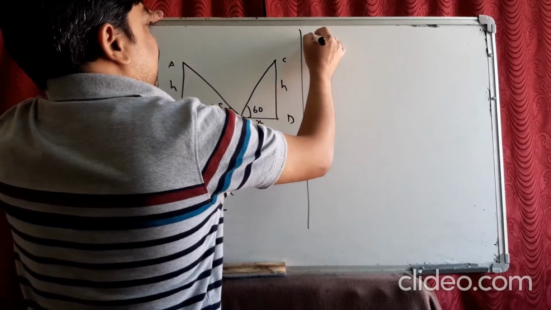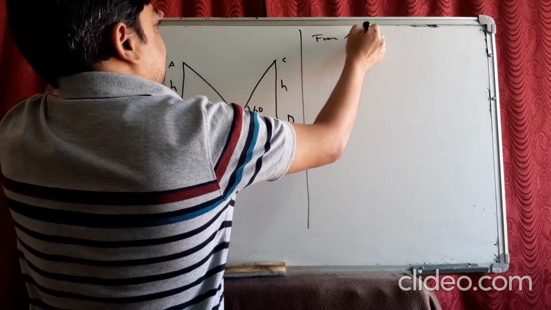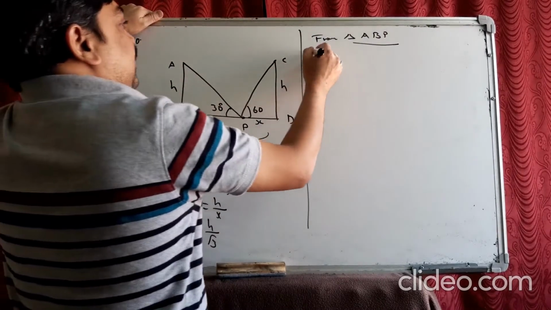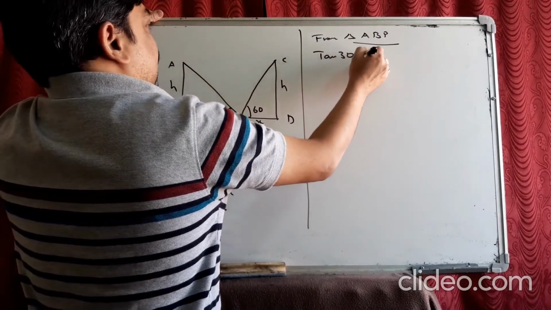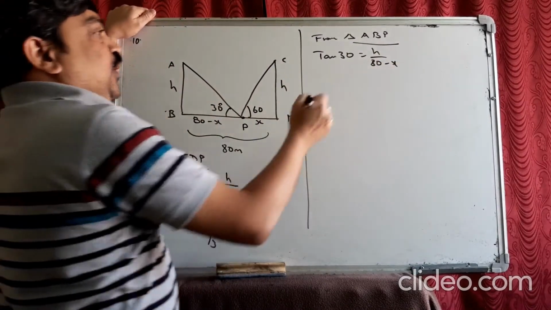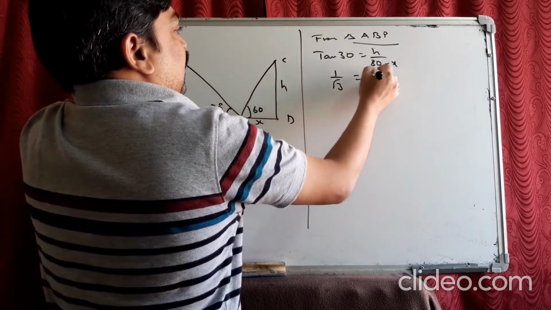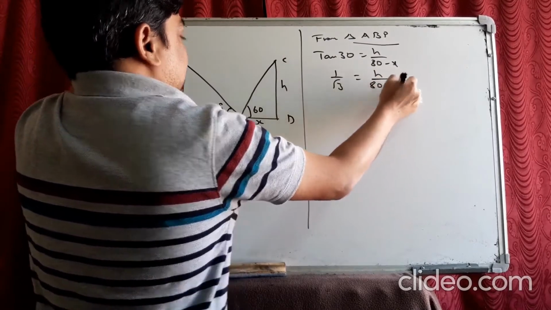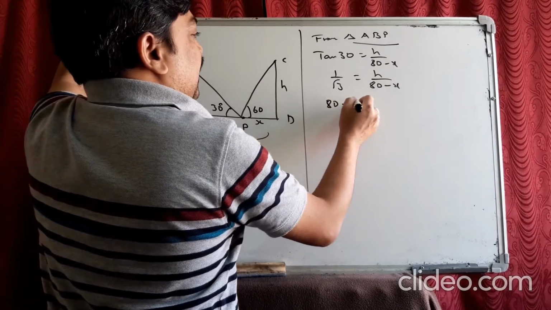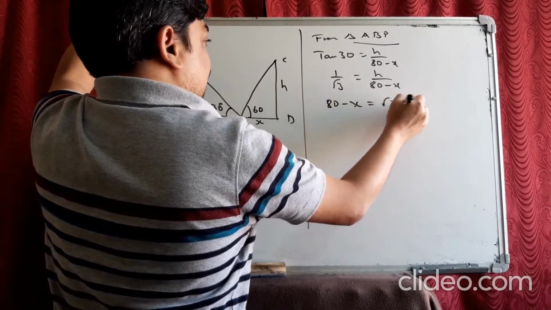Take the triangle ABP, tan 30 equal to h by 80 minus x. 1 by root 3 equal to h by 80 minus x. Cross multiply: 80 minus x equal to root 3 h. Here we write h as root 3 x.